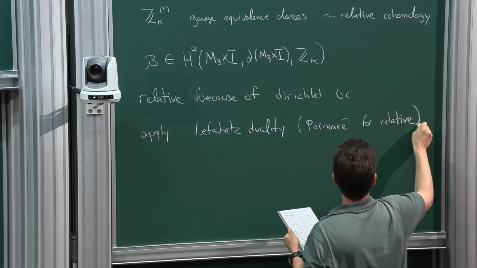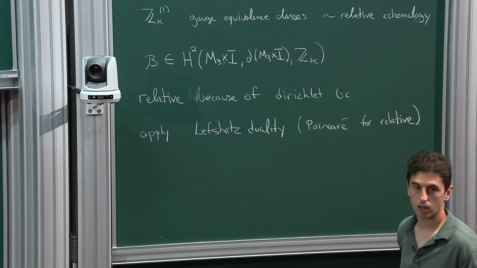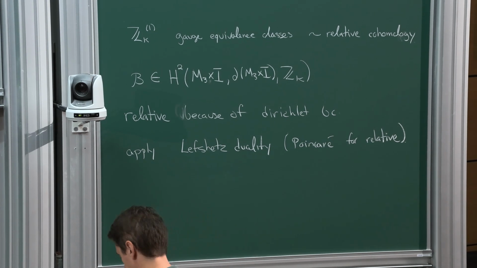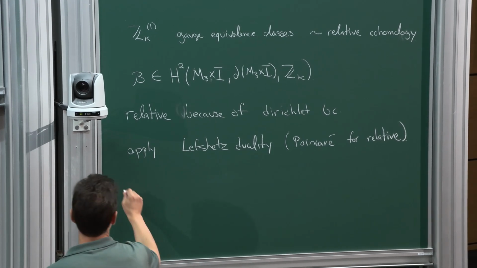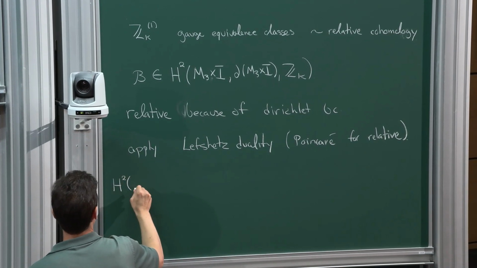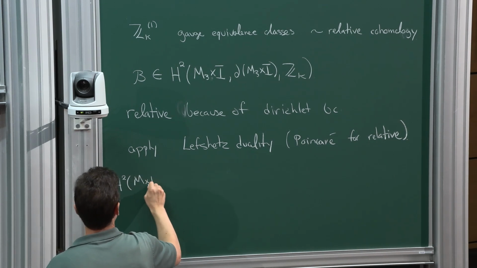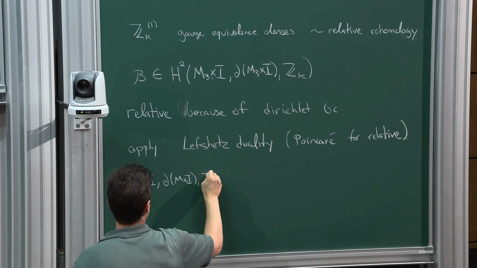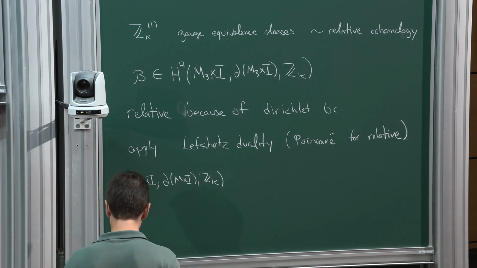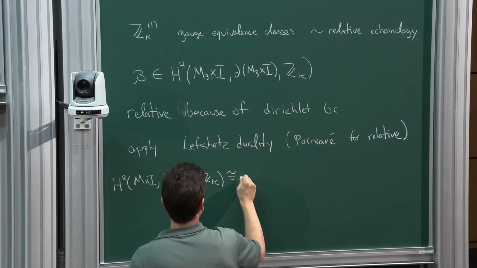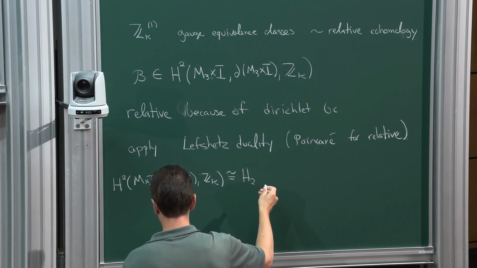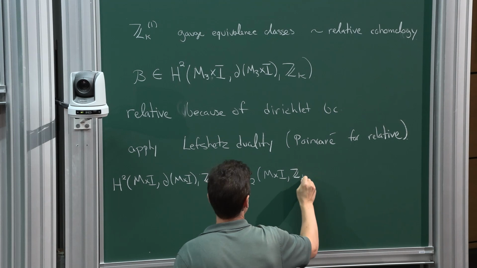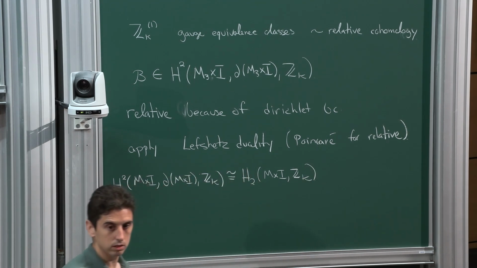So it's the appropriate duality between homology and cohomology when you have relative cohomology. So what does that say? It says that this group, H upper 2 of M cross I relative to the boundary of M cross I with coefficients in Z_K, is isomorphic to H lower 2 of M cross I with coefficients in Z_K, where I get to forget the relative part.